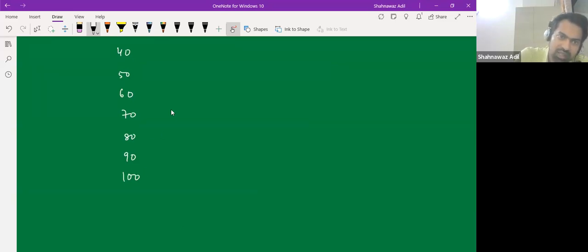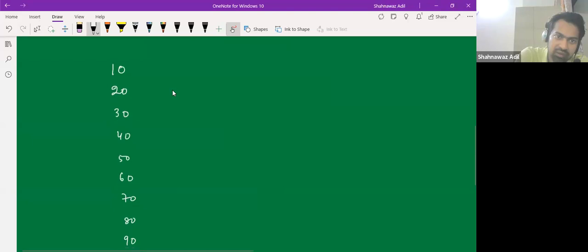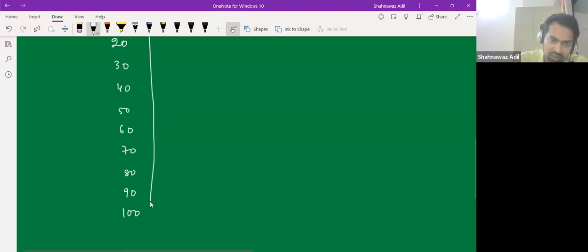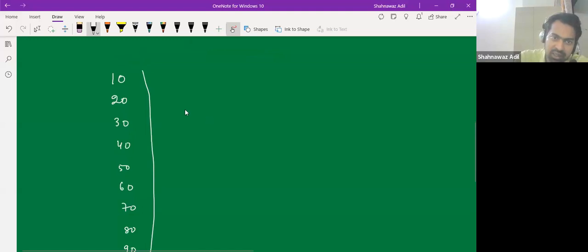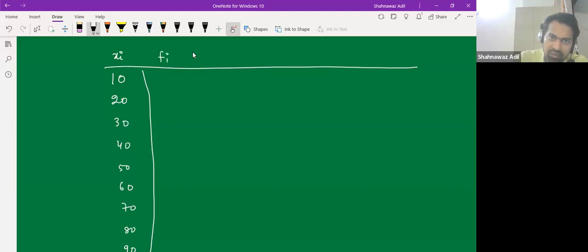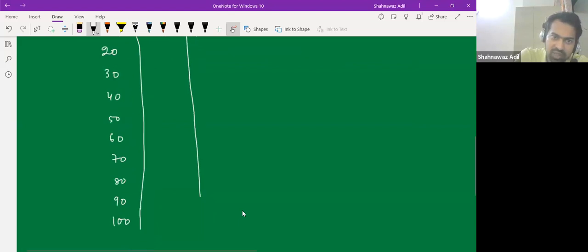This is a very big data, with xi, and then you have some fi, the frequency of these numbers.